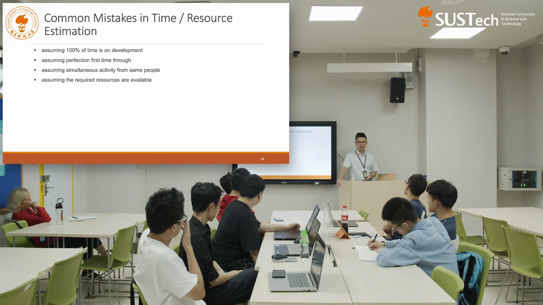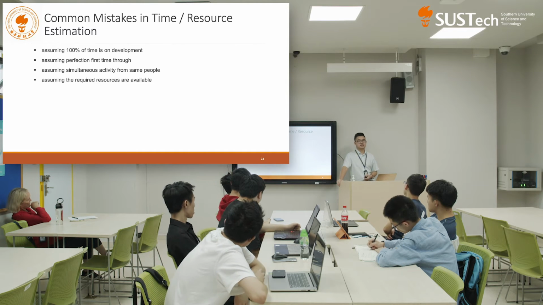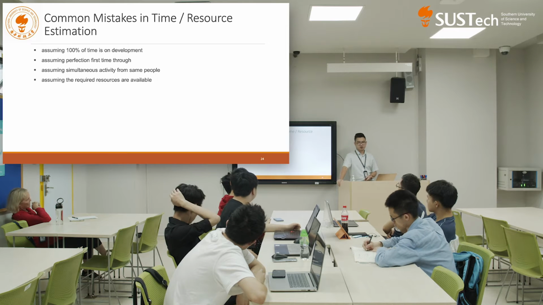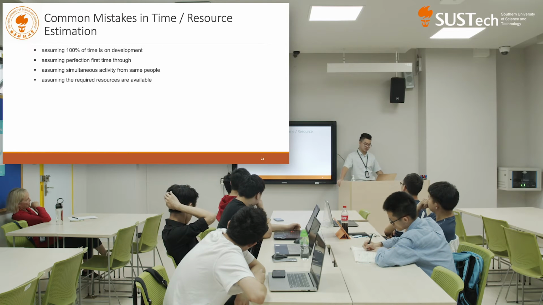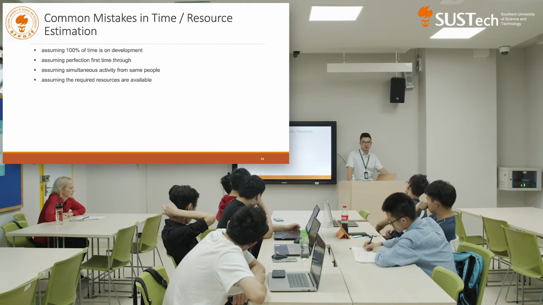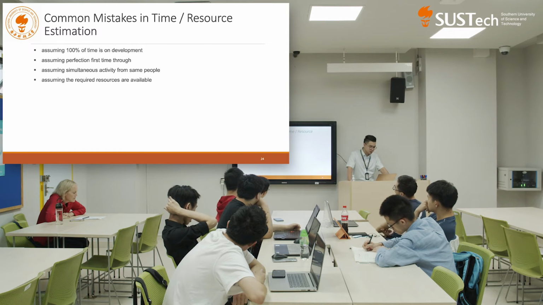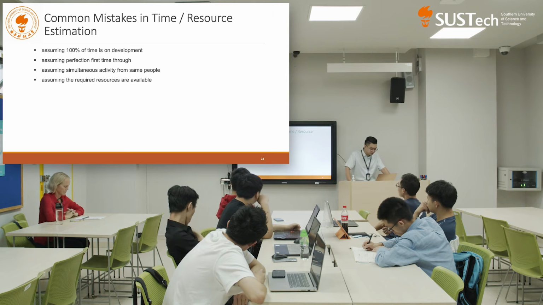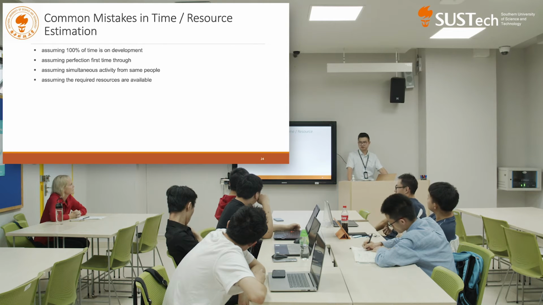And as a project manager, you need to take that as a fact, right? There's no way to accomplish 100% of the time working efficiently. So let's make a discount of the 40%. Right? So assuming perfection the first time through, that is impossible.